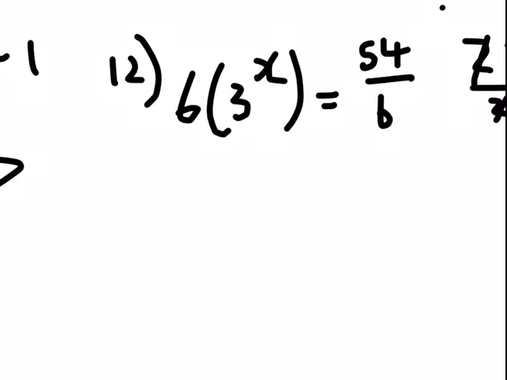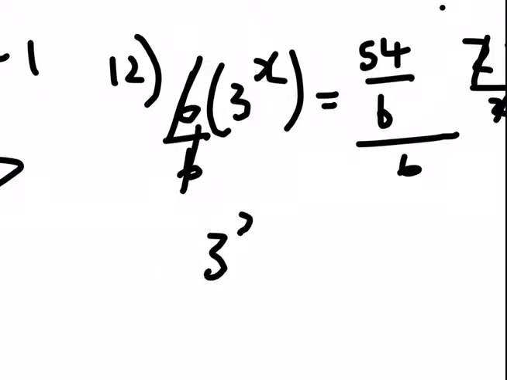Okay, what am I going to do here? I will definitely divide both sides by 6 so that I remove it. So you can see there's a consistent pattern here where things repeat themselves. So already I had 54 over 6. Now on the side I'm just going to divide it by 6. Let's see what it gives me.